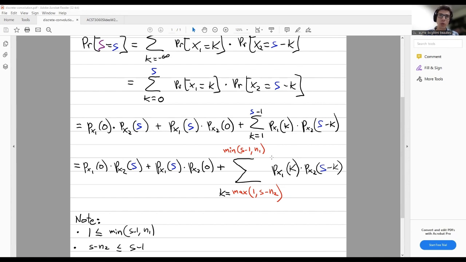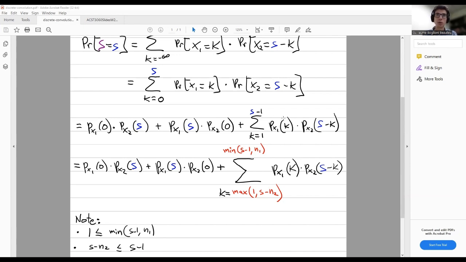So this is why you're stopping the summation at the minimum between s minus 1, which was the thing we had here, and n1. Yes, because you don't want to go above n1, since px1 of something bigger than n1 doesn't exist in the code. And of course, we don't need to sum it because it's 0.